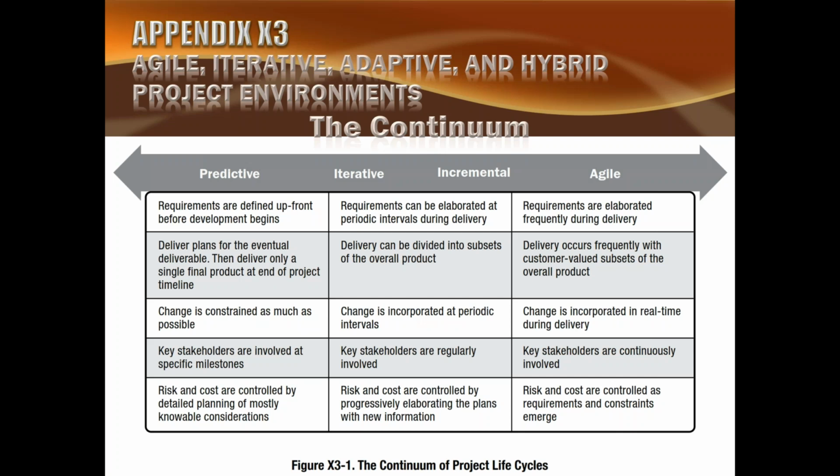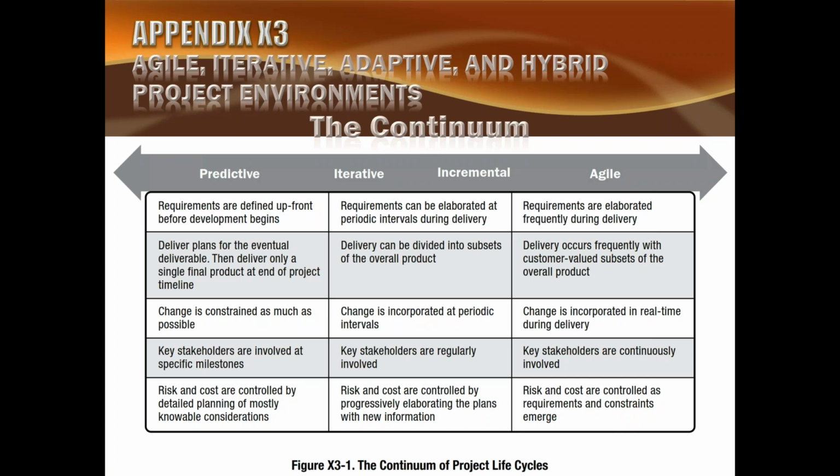In predictive, risk and cost are controlled by detailed planning of most knowable considerations. So everything is planned upfront, and risks and costs and everything is calculated upfront. Whereas in iterative and incremental, they are done on a progressive elaboration basis, like on the basis of phases. In agile, risk and cost are only handled for each iteration.